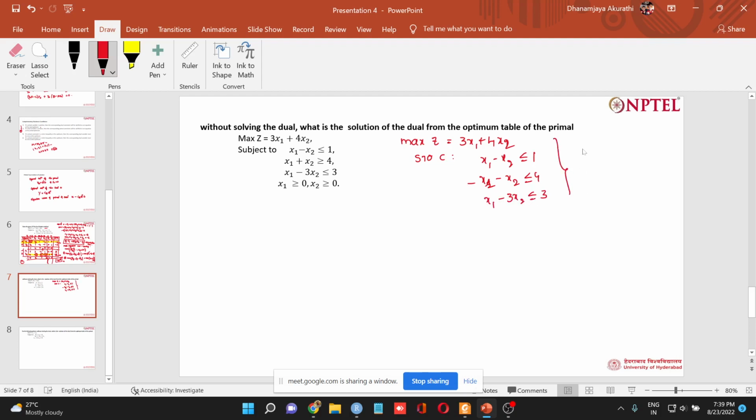Converting these constraints into equations, these are less than or equal to constraints, so we add a slack variable. Here it is minus 4, as it was a greater than or equal to sign, which we converted into less than or equal to by multiplying by minus 1 on both sides.